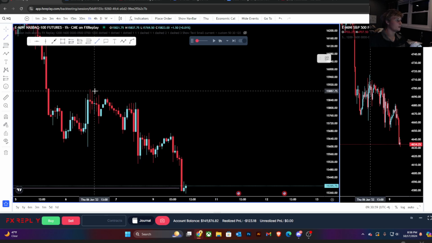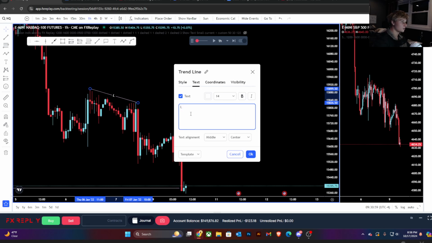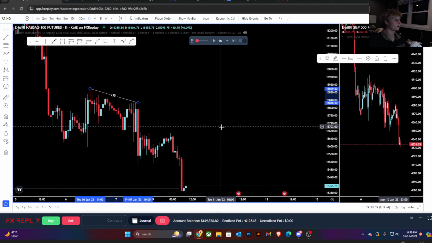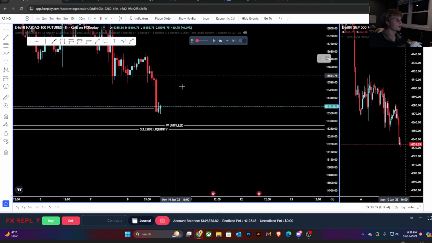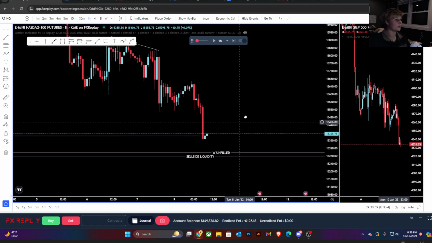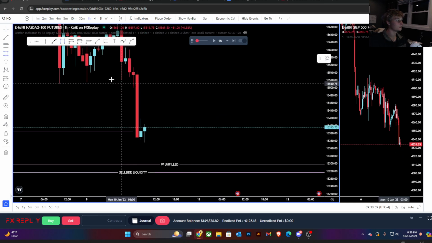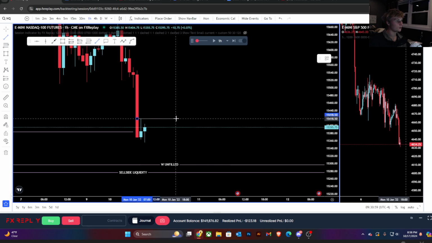I do see we have this kind of built up liquidity here, this low resistance liquidity on the hourly, these stacked highs here. So if we do trade down lower, longs could be good, but for right now I'm looking to take shorts until we do something.